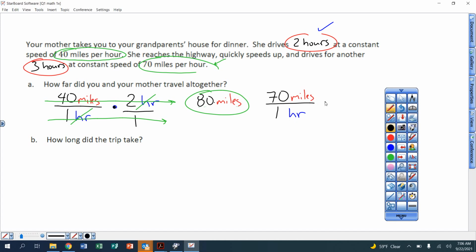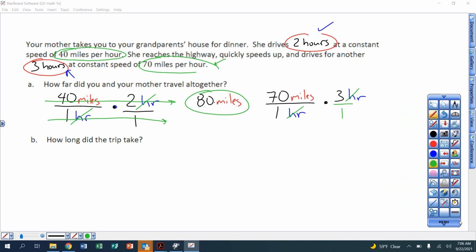And I'm going to times it by the time that I'm driving this time. So that would be times 3 hours. And again, these hour units will cancel away. You could put that over 1 and times straight across if you want, but you're just timesing 70 times 3. That gives you 210. And then, of course, the only unit left, miles.